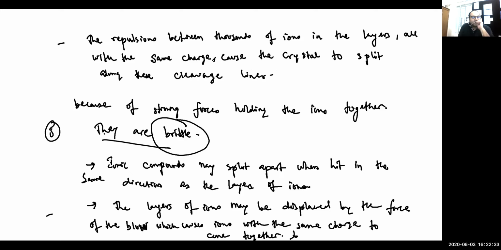So as the ions come closer when you hit them, the positive ions come to one side and the negative ions to the other side. Due to this repulsion between the ions, the whole structure breaks apart.